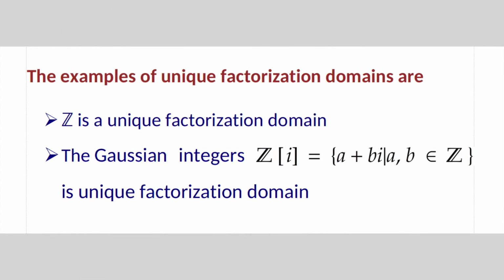Examples of unique factorization domains: Z is a unique factorization domain. The Gaussian integers Z[i] = {a + bi such that a, b belong to Z} form a unique factorization domain.